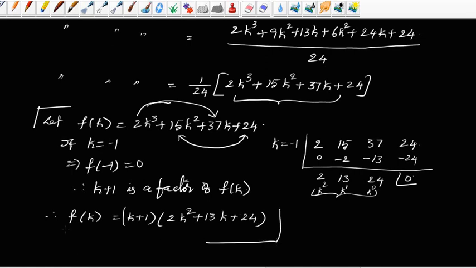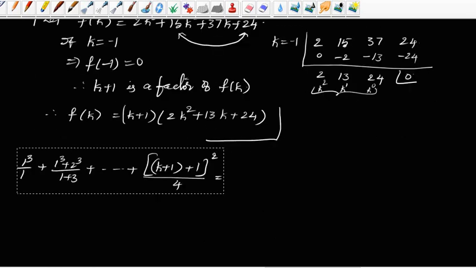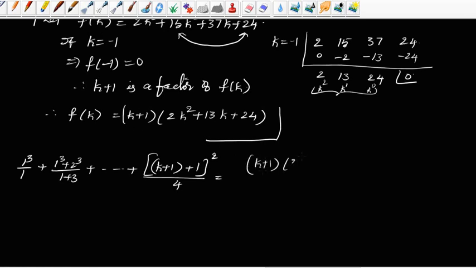Now we will put the f of k answer in this equation. Substitute the values in this one, we will get k plus 1 into the factor 2k square plus 13k plus 24, by 24.